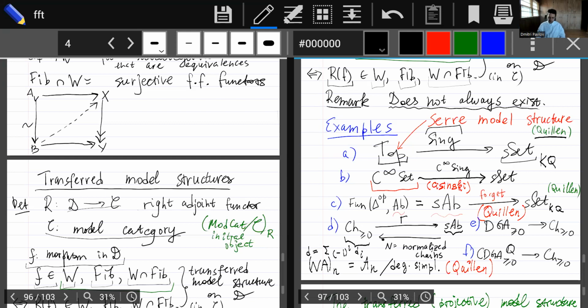And what is remarkable is that the normalized chains functor happens to be an equivalence of categories, and it has an inverse functor, which is traditionally denoted by gamma, and that's also called the Dold-Kan functor. And let me maybe correct its name. It sends a chain complex to a simplicial abelian group.